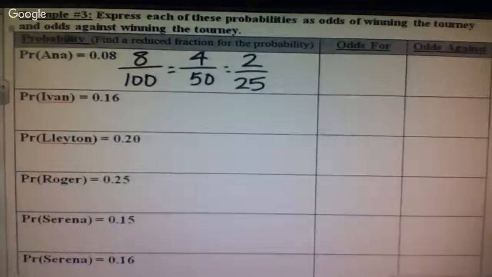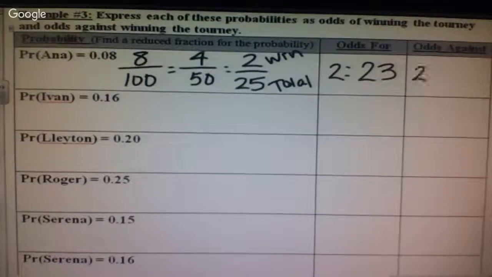So that means the odds for are 2 to what? Not 25. 23. This is the total. This is your win. So then the difference is your lose. So that's 2 to 23, and odds against would be 23 to 2.